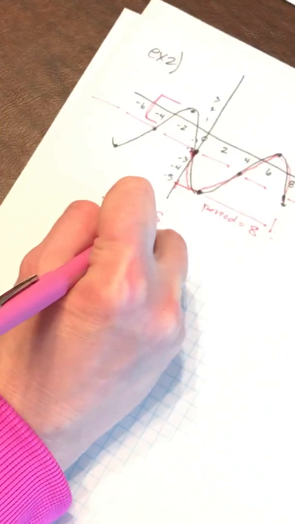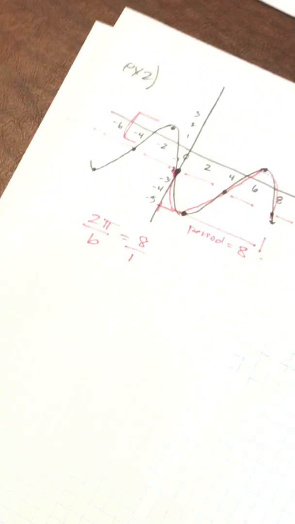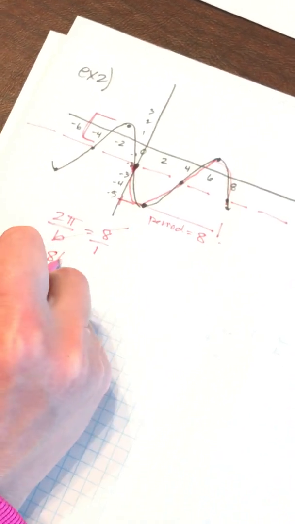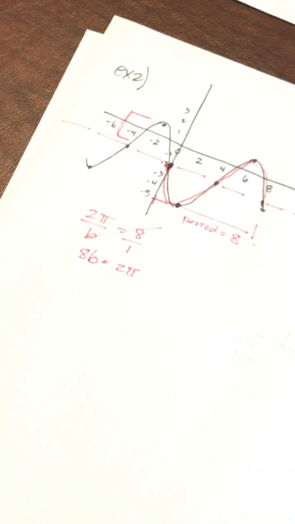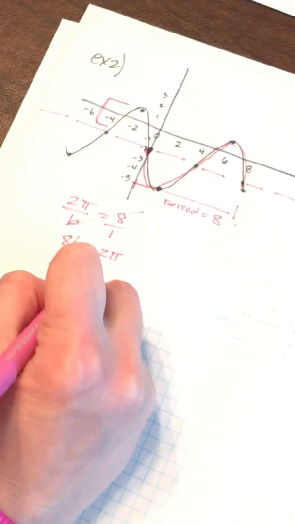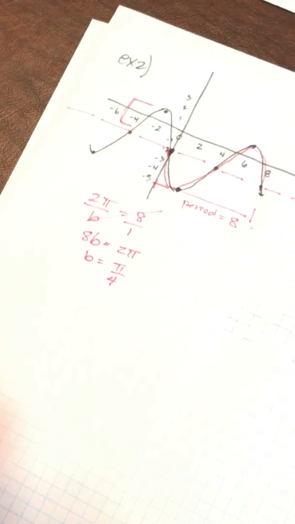So I'm going to set this equal to 8 and solve for b. I'm going to divide both sides by 8, so what I end up getting is pi over 4. So that's my b value.